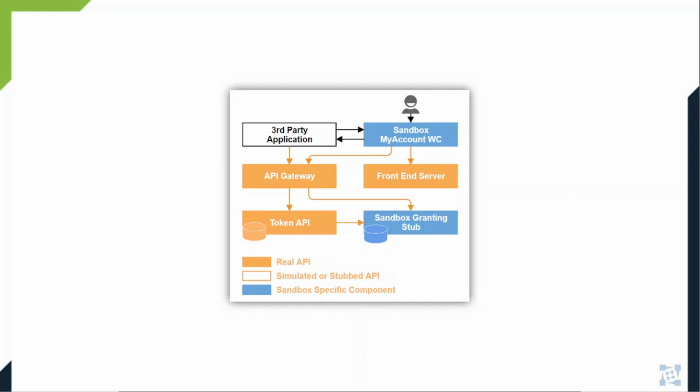And they can leverage that sandbox to basically play around with the customer data. And if they're authorized, so then finally we know who they are. Once they are authorized, they gain access to a sandbox granting stub.